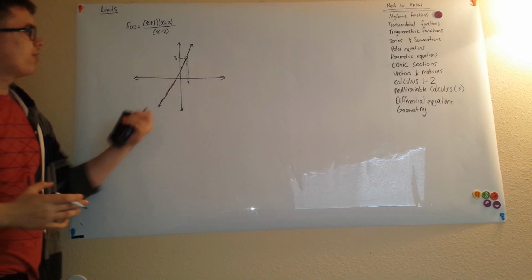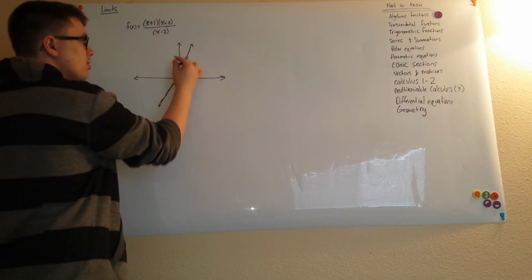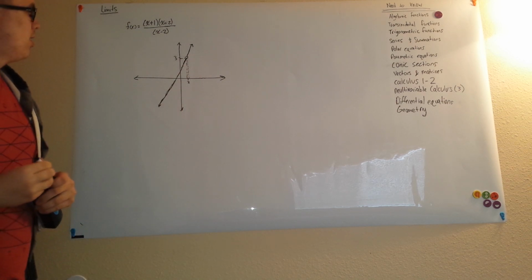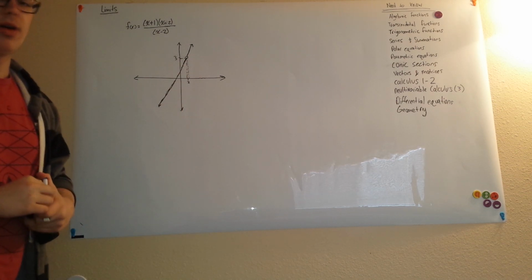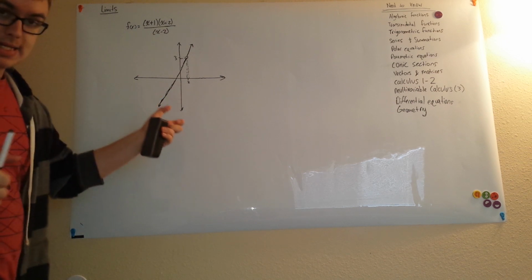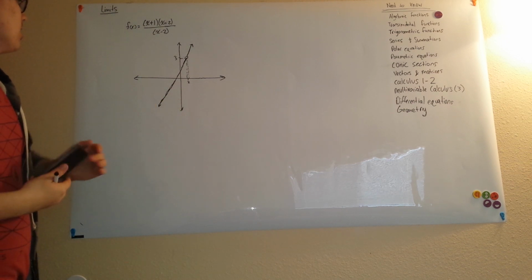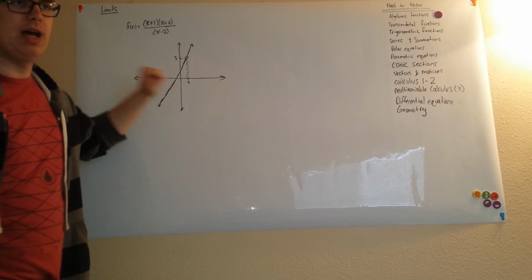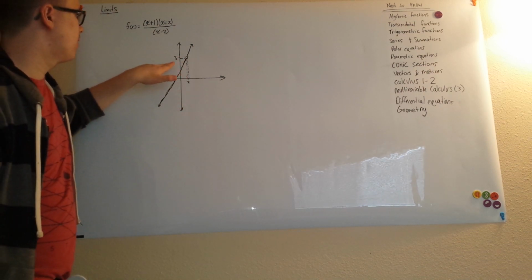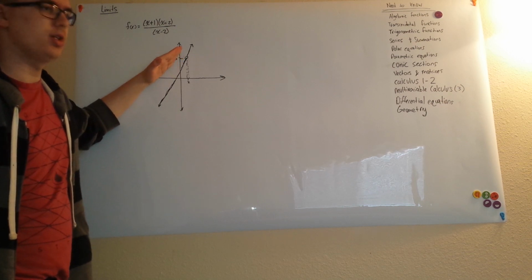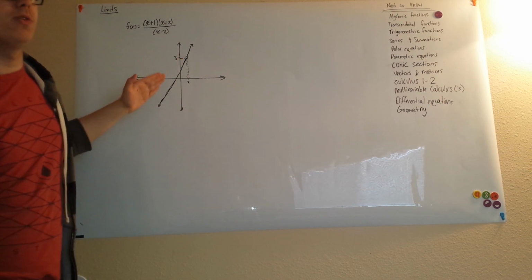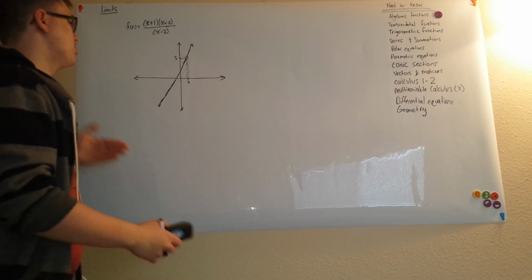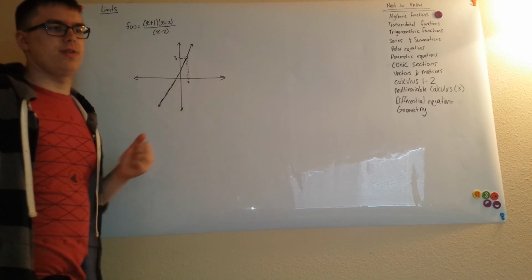Both from the left and the right, you get really close to 3. And this is what a limit is talking about. The limit is basically saying what value is your function approaching, as you're getting really close to your x value?